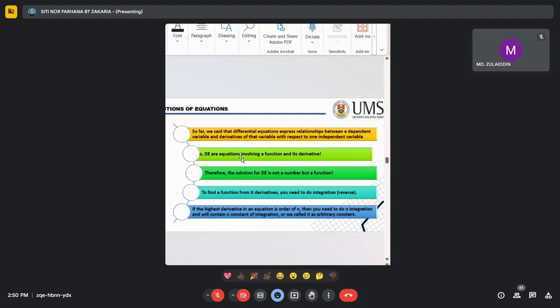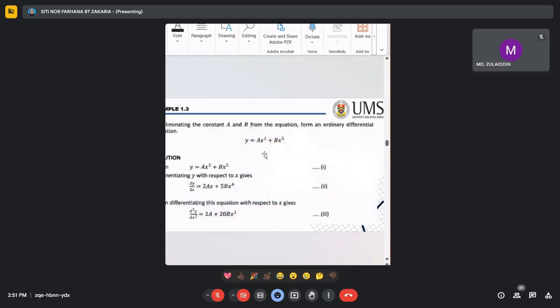So to find the function for that dE, you need to do integration. Actually, for this function, in example 1.3, this function is actually the solution for this dE.